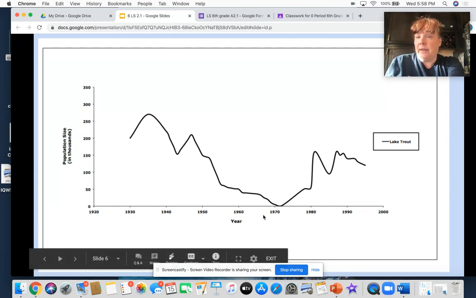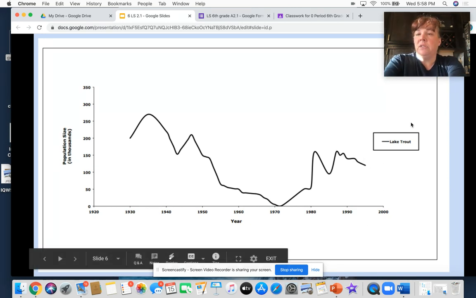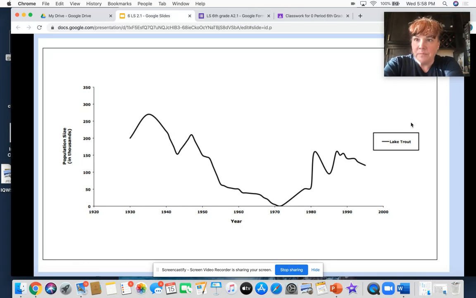We need to find out what happened to our trout population in the mid 70s to make this happen. I mean, they almost went to 0, it looks like. And then it started going back up again. We had another peak and then a little bit of a valley, and then it peaked again. And that is where we stop. Our information stops at about 1998, and hopefully I can find some more up-to-date graph to see how that's continued.